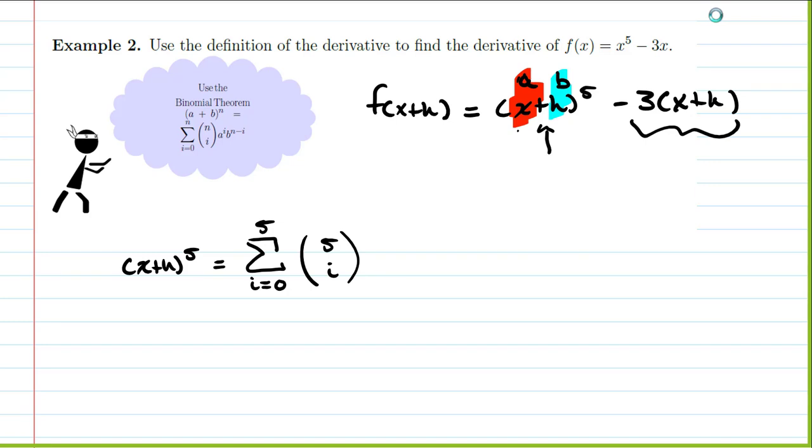So we're going to have our a raised to the i and our b raised to the n minus i.